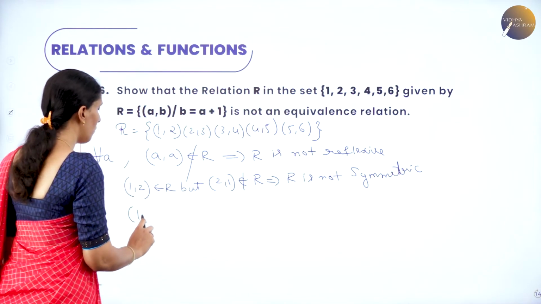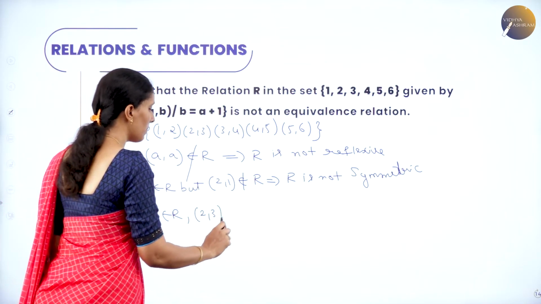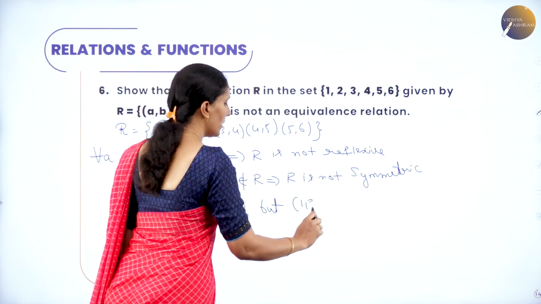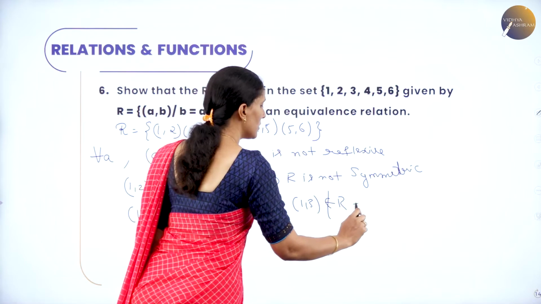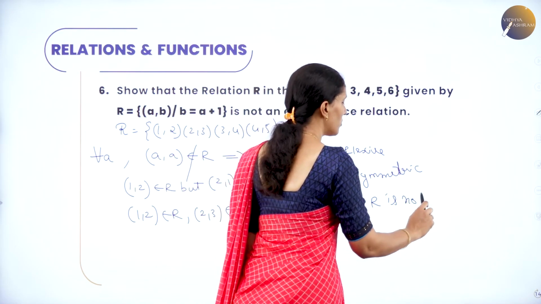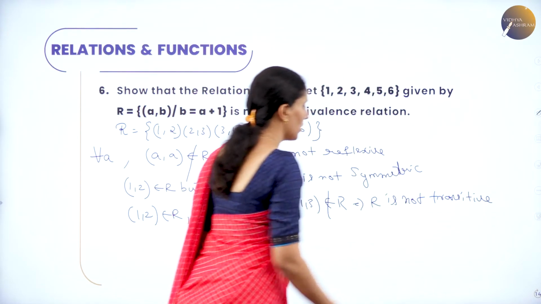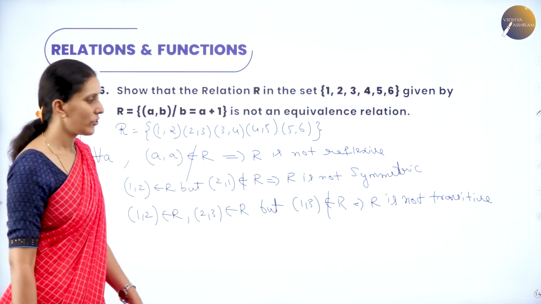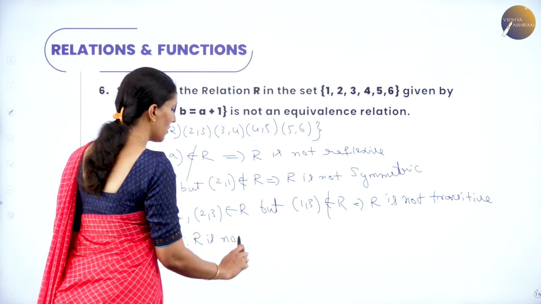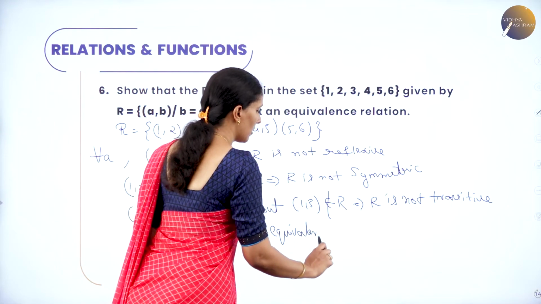Next we have (1, 2) belongs to R as well as (2, 3) belongs to R, but (1, 3) does not belong to R. So this implies R is not transitive. So it is neither reflexive nor symmetric nor transitive. Therefore I can conclude R is not an equivalence relation.